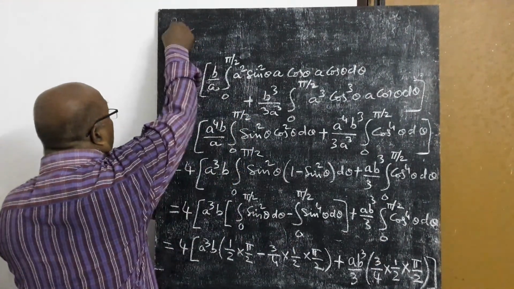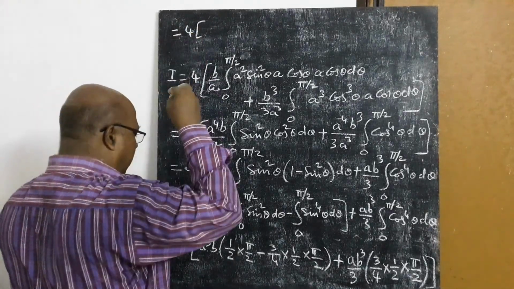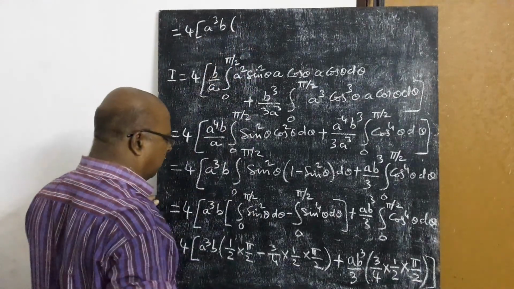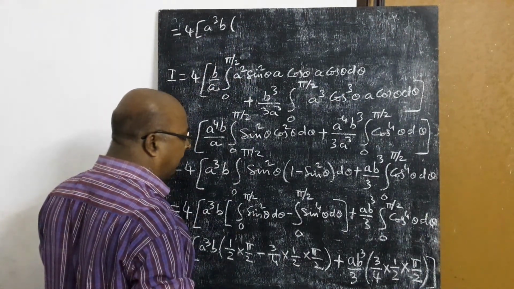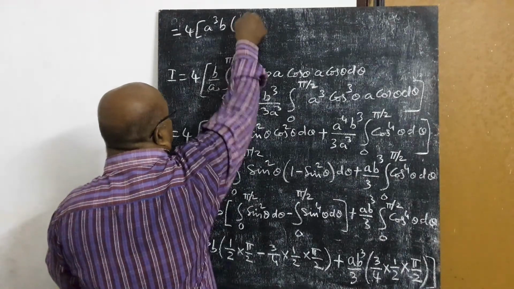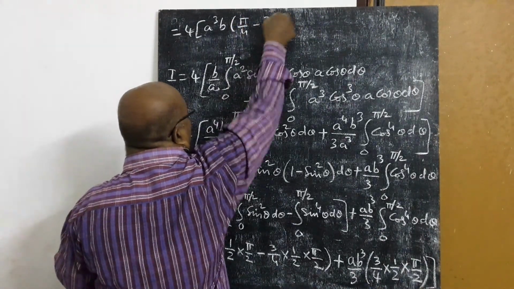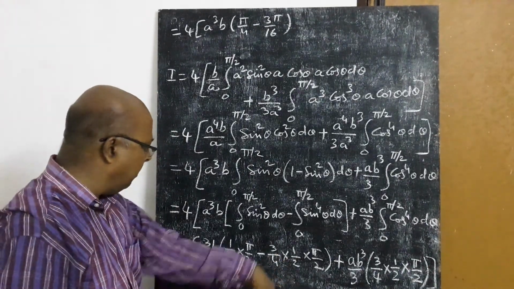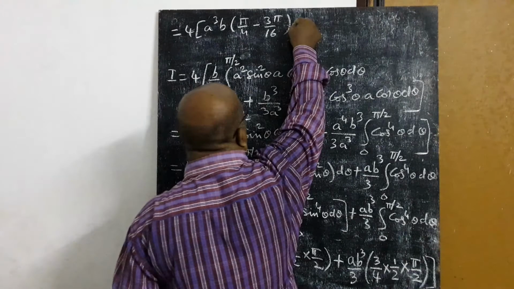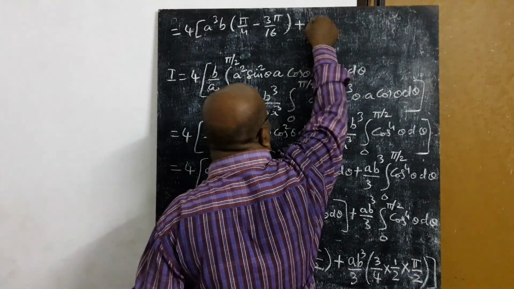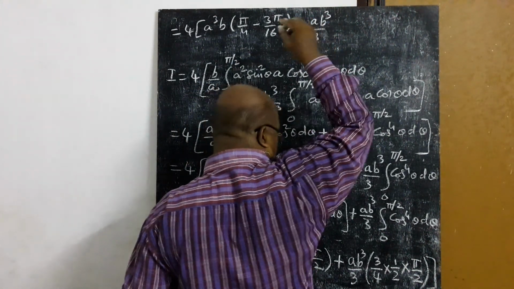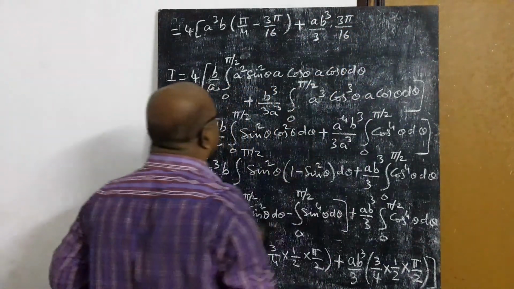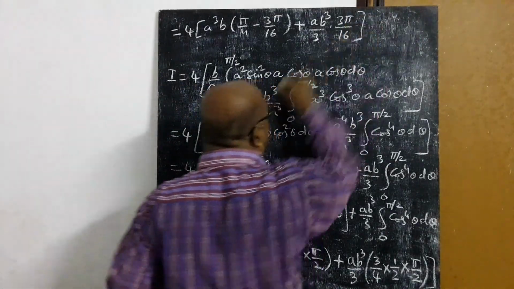So 4 a cube b into pi by 4 minus 3 pi by 16, plus ab cube by 3 into 3 pi by 16, in brackets.